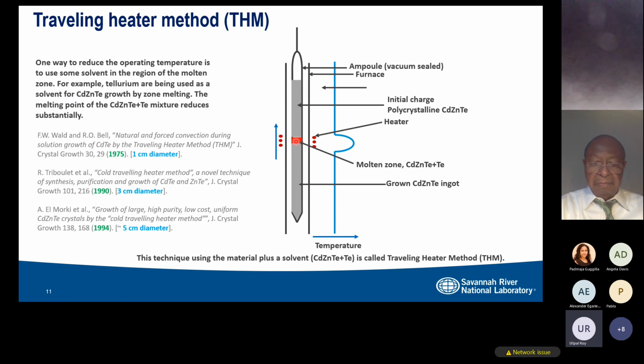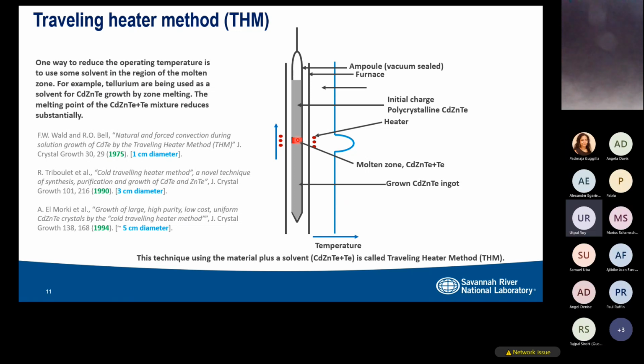And since the melting point of tellurium is 450 degrees C, we can technically grow these crystals above 450 degrees C. But at that low temperature, the rate of dissolution of cadmium zinc telluride in tellurium is very low. So people generally grow at 800 to 900 degrees centigrade.